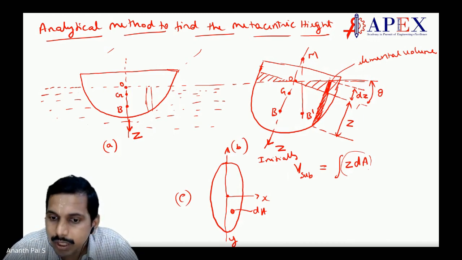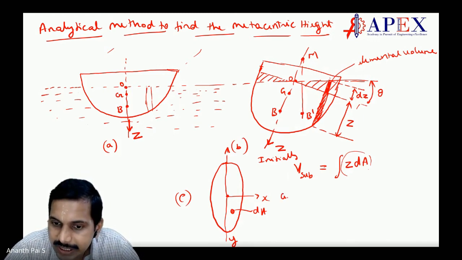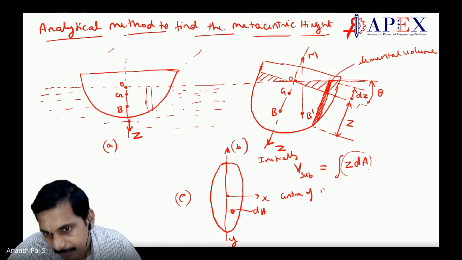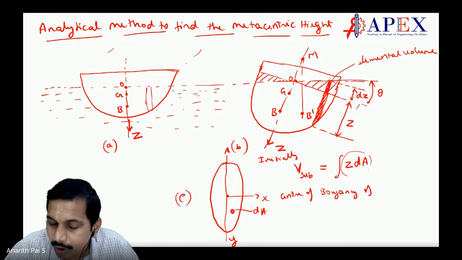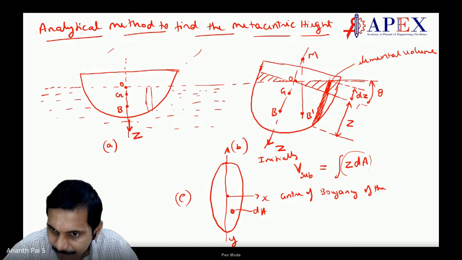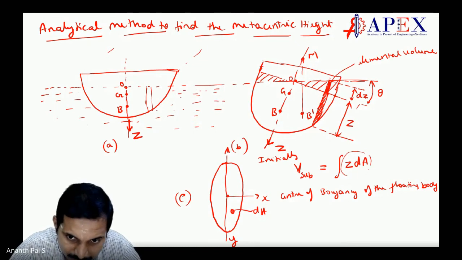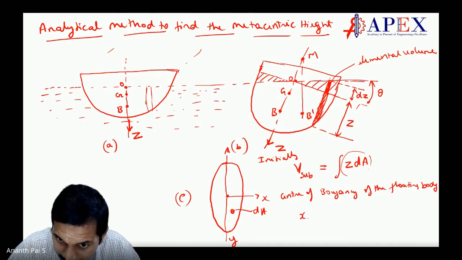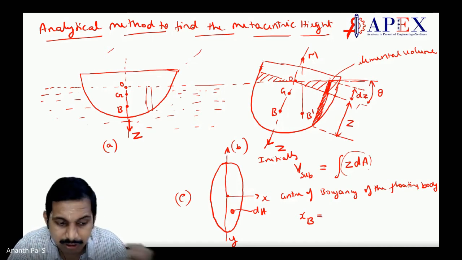Now, if I consider the center of buoyancy of the submerged volume of the floating body, x_b, the center of buoyancy is the centroid of that, is it not?